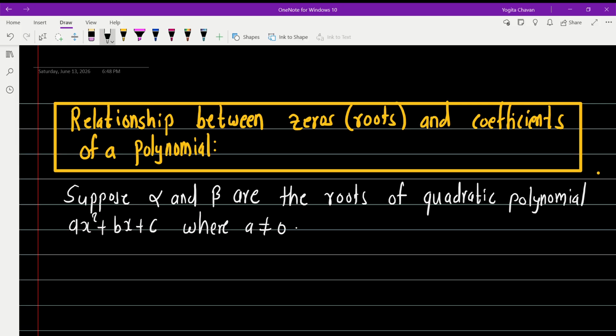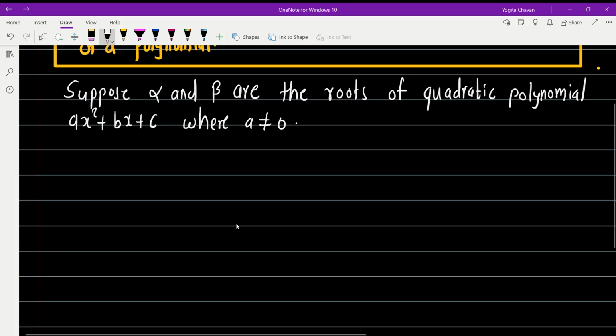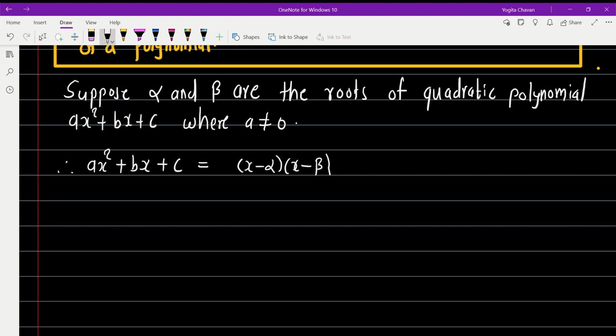Okay. Now recall that if alpha is a root of the polynomial, then x minus alpha is a factor of that polynomial. Similarly, beta is also a root, so x minus beta is also a factor of that quadratic polynomial. Therefore, this ax square plus bx plus c is equal to x minus alpha into x minus beta.